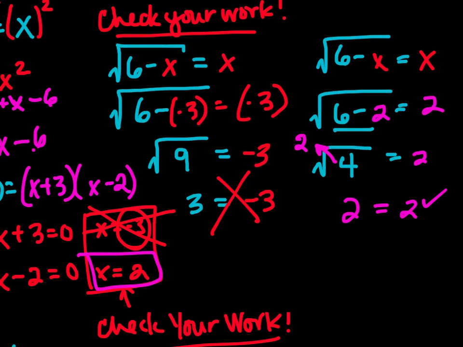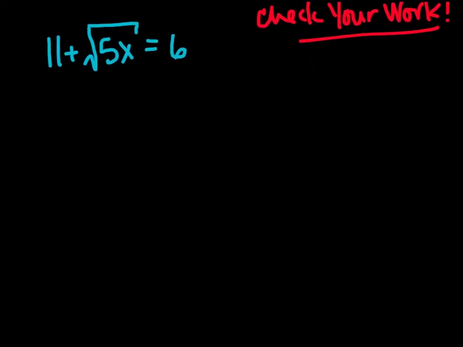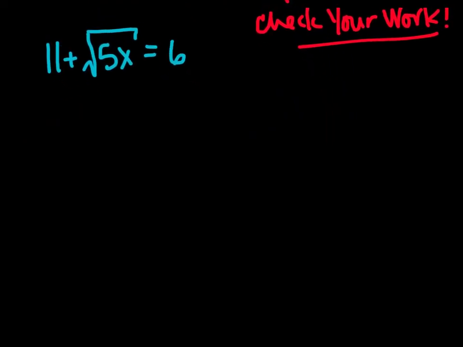So I hope I didn't get us too confused. Let's practice one other problem and see how this all works yet again. As always, we are still going to check our work and make sure everything works out well. We have 11 plus the square root of 5x is equal to 6.